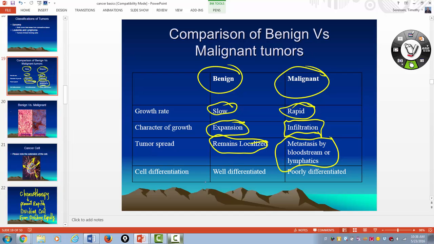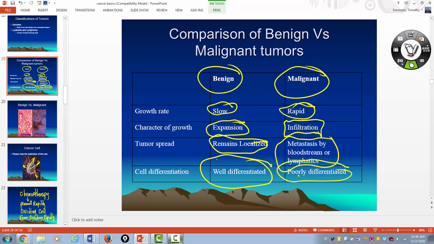And for cell differentiation, benign is well differentiated and malignant is poorly differentiated, meaning they don't look anything like the primary tumors. Malignant is poorly differentiated because they haven't grown up, while benign cells look like the other cells of that particular tissue that it originated in. So that's really the difference between benign and malignant.